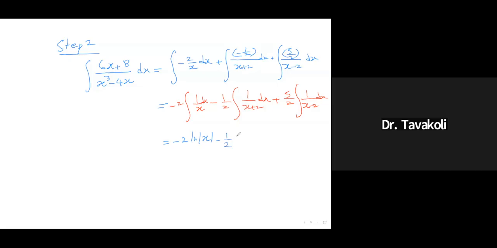Integral of 1 over x + 2 is ln of absolute value of x + 2. And the third one, 5/2: integral of 1 over x − 2 is ln of absolute value of x − 2. And at the end, plus C, because it's an indefinite integral. And that's the final answer to this example.